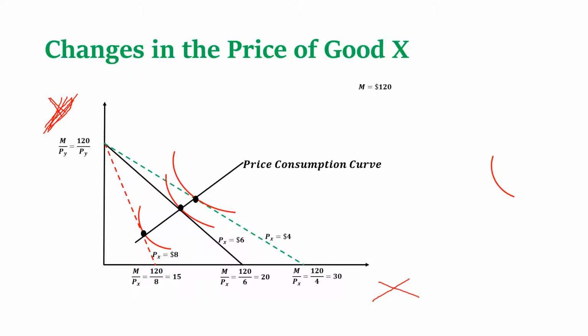So as we see here, we notice that the budget line rotates inwards because of an increase in price. So the increase in price means the budget line is going to rotate inwards. And if we look at the point of tangency here between the budget line and the indifference curves, if we trace that one, we're going to get the price consumption curve.